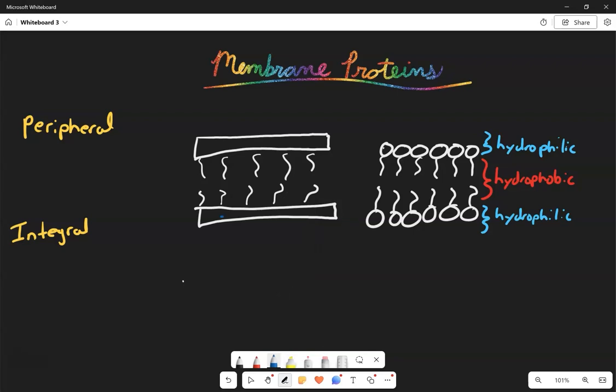So they will sit like this, right? Or they can just be really on the surface, and we call them surface proteins, right? So because of that, your peripheral proteins are going to be hydrophilic. Okay? They're going to stay within that hydrophilic region.